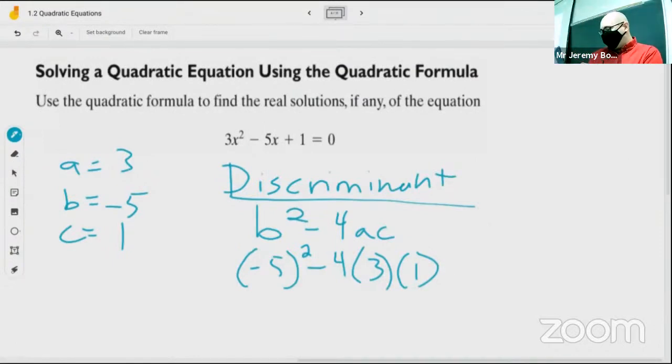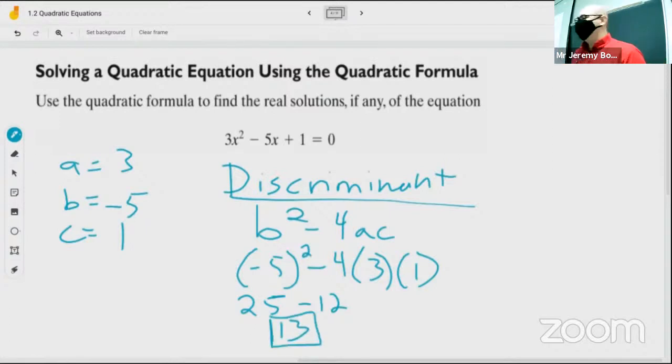So if we work that out, I'm going to have 25 minus 12, which is 13. And I usually box the discriminant. It's not my final answer, but it's something important.